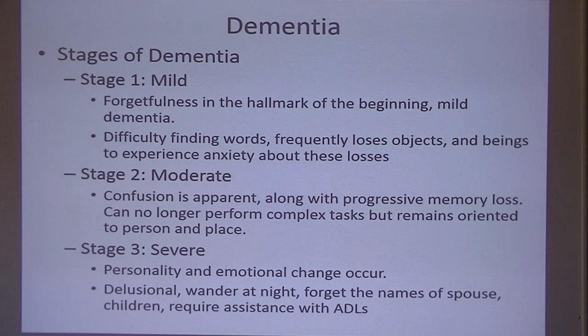And so this stage is kind of tricky for nurses because we want to orientate them back to reality for as long as possible, but then there's going to come a time when reorienting them back to reality is going to make them angry and agitated. So at that point, we really have to change our focus, and we have to change the way that we respond to them.